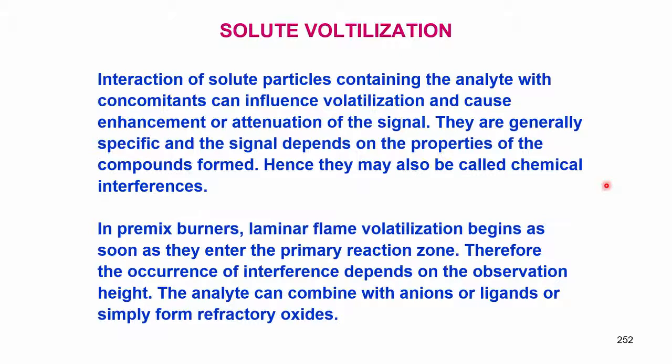Enhancement means increase in absorbance, attenuation means decrease in the absorbance. They are generally specific to the matrix components, that means the sample components will decide whether there is solute volatilization or not, and the signal depends upon the properties of the compounds that are formed.